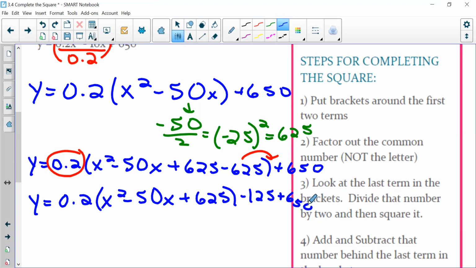Negative 125 plus 650 is on the outside. If you guys have been simplifying that all along, go ahead. I need to factor my bracket and simplify outside of the equation. You can factor my trinomial for me.